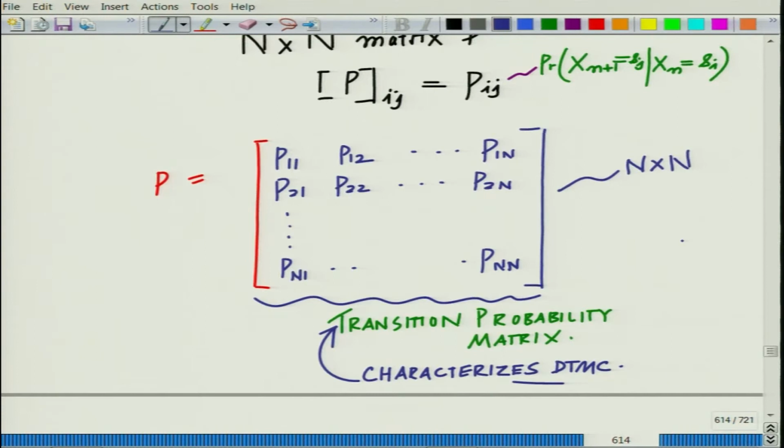Now let us look at some of these elements. For instance, let us ask this question: what is P21?